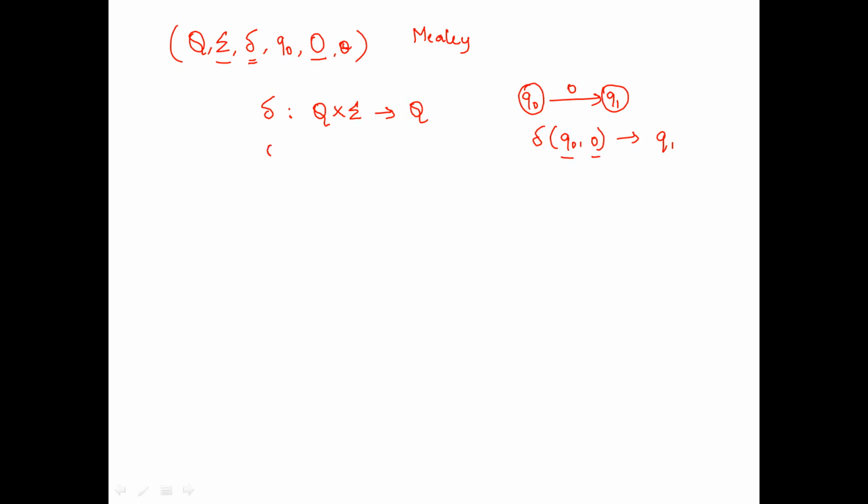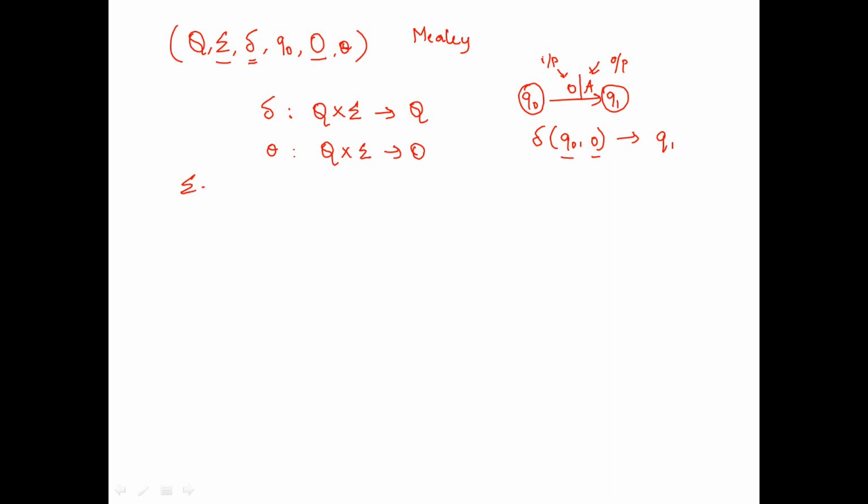Similarly, our output function takes the current state and the current input symbol and gives the output symbol that has to be emitted. In the same diagram, Q0 on seeing a 0 moves to Q1 and emits the output symbol A. This side is the input symbol and this side is the output symbol emitted for this particular move. So there are two functions, the transition function and the output symbol function, and a set of output symbols.